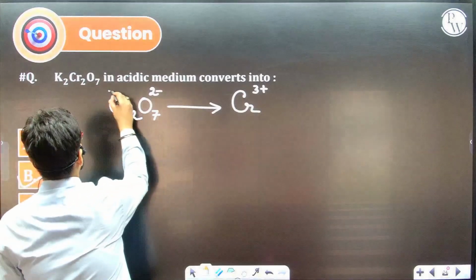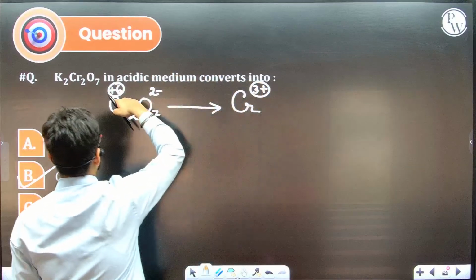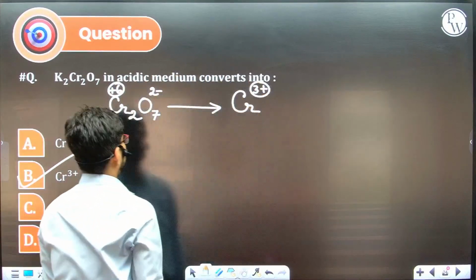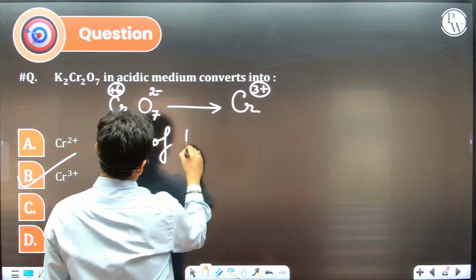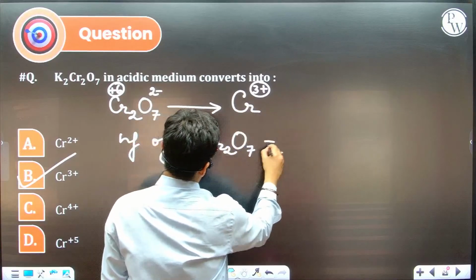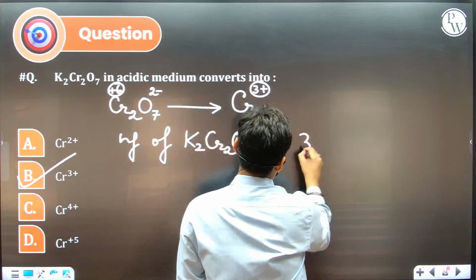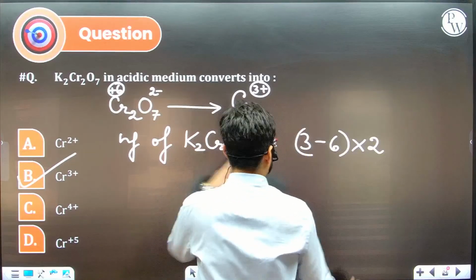If we look at this, then the oxidation state of chromium changes from +6 to +3, and N factor of K2Cr2O7 in this reaction will be 3 minus 6 multiplied by 2. Why am I multiplying by 2?